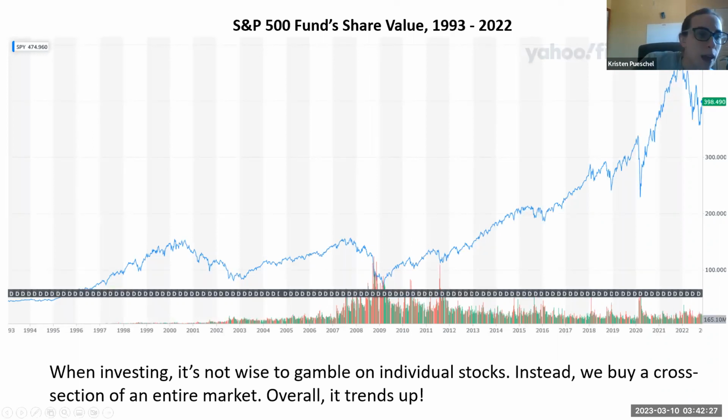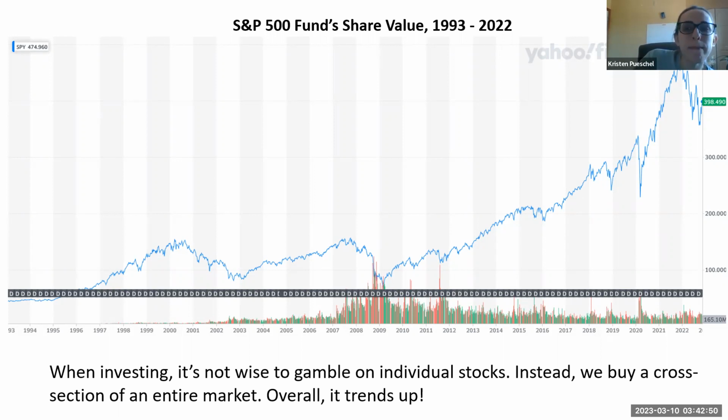All right, so here's a graph of share values between 1993 and 2022. Right, so we're not saying that we should go out and buy any particular stock, but the idea is that we buy a cross section of the entire market, and overall it trends up.